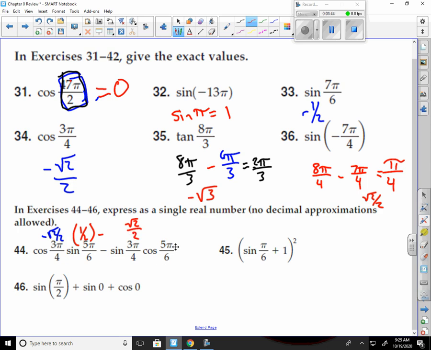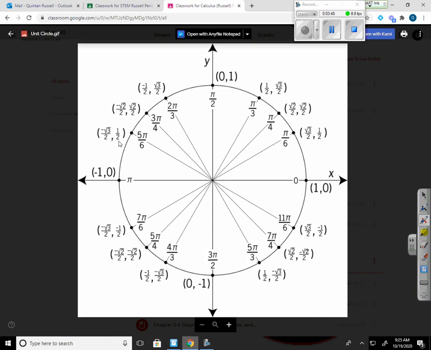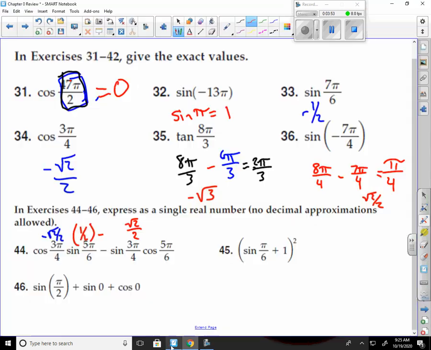which is root 2 over 2, times the cosine of 5 pi over 6, which is negative root 3 over 2. Well, this looks ugly.